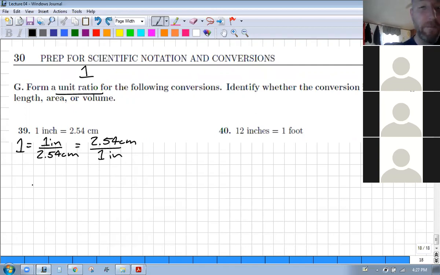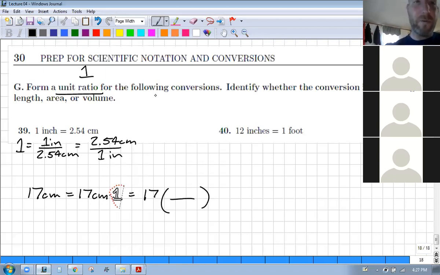What if we had 17 centimeters and I want to convert that to inches? Well, if you multiply by 1, it doesn't change anything, right? So what we'll do is use a smart 1. We'll rewrite that 1 as a ratio.